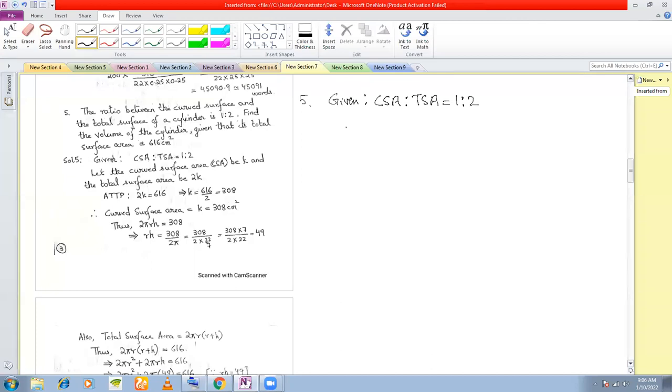I'll start by saying let the curved surface area be K and the total surface area be 2K.